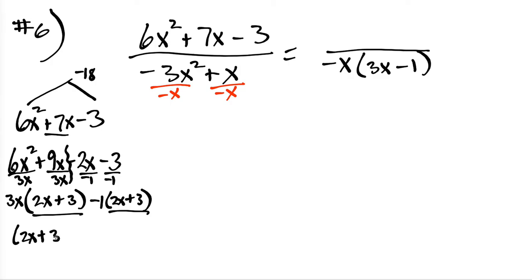So I put that in the front. And I know for some of you, this might feel like I'm going really fast. 100% you're just going to have to practice these again to get quicker at them. So the top I was able to factor into 2x plus 3, 3x minus 1.